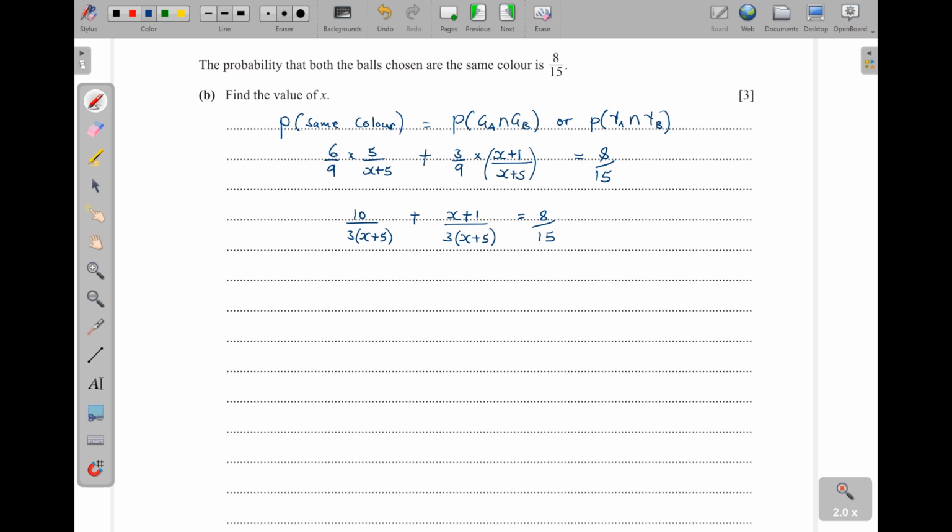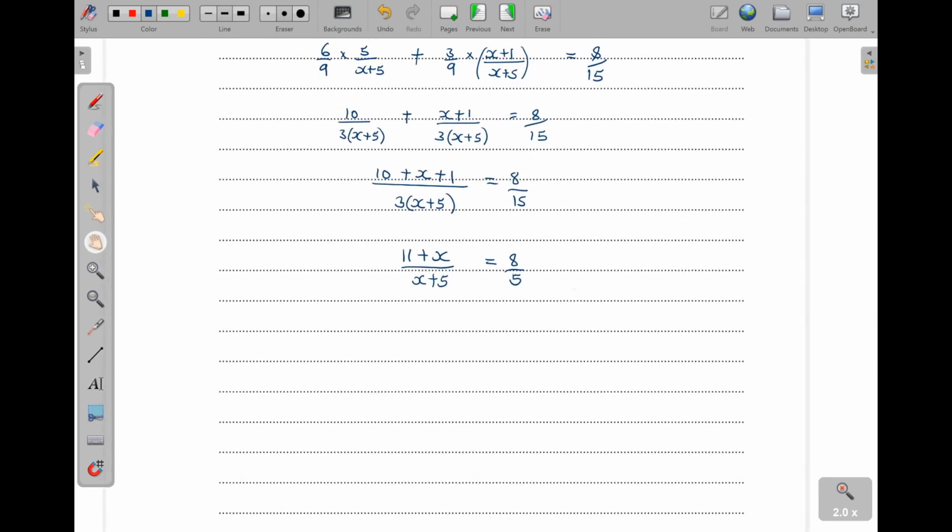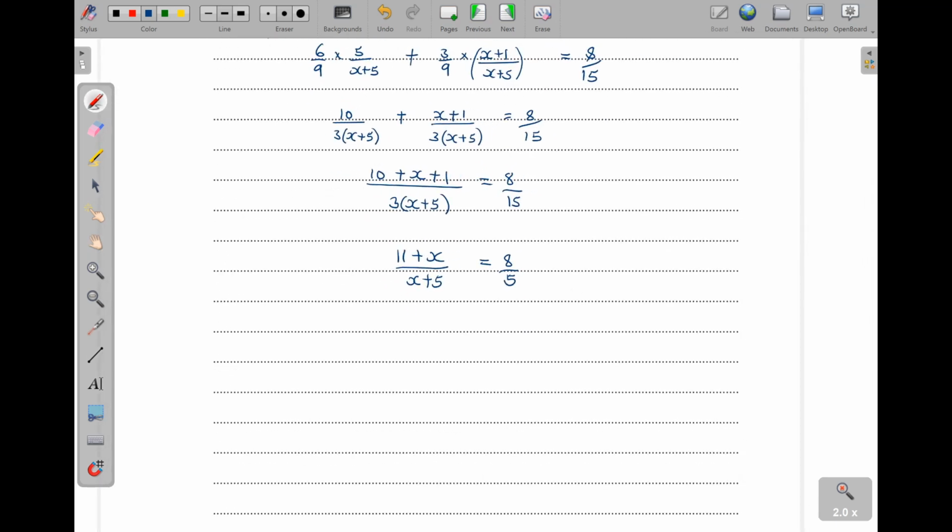Now the LCM here is the same, so that means I will have 10 plus x plus 1, then out of 3 into x plus 5, which is equal to 8/15. Actually, if you multiply all through by 3, this 3 can go in here 5 times. So that means I can write 11 plus x up there, divide by x plus 5, which is equal to 8/5. Okay, because I've multiplied everywhere by the 3.